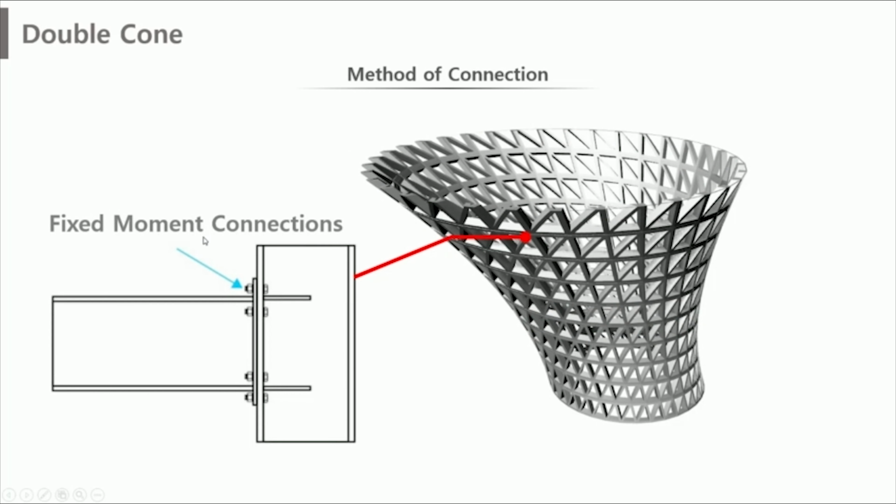Due to the high moment load of the double cone, all the members form fixed moment connections to permit minimal rotational movement at the junction points.